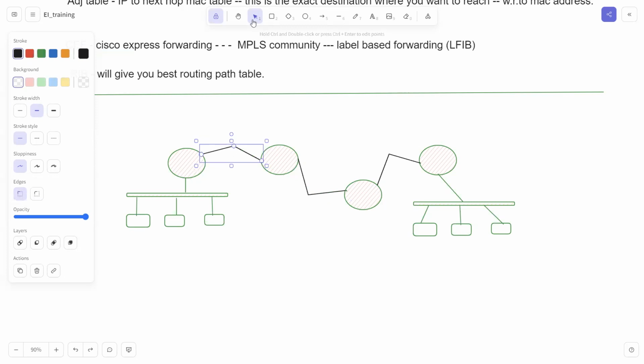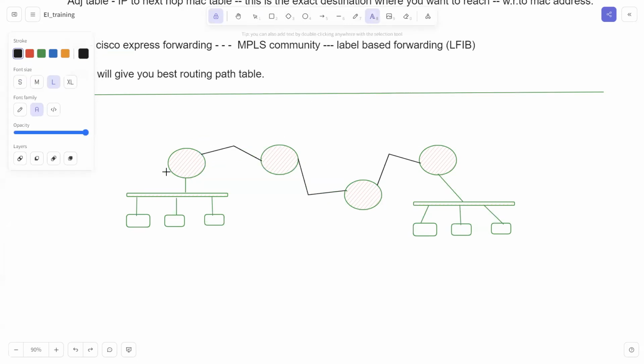So routers are blocking the broadcast. That means if this network is, for example, 10.1.1.0/24, and likewise I'll choose the other networks. Let me use a small font size. Suppose this is 10.1.1.0/24.